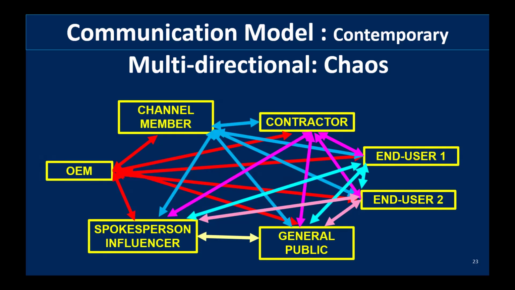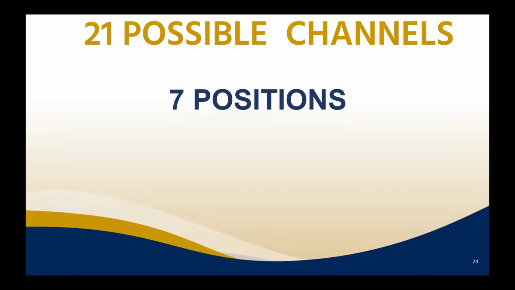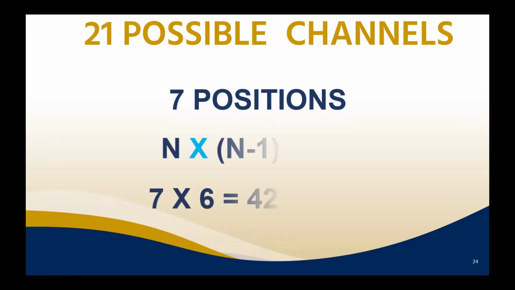We have 7 positions, and 7 positions open up 21 possible channels. Now, keep this in mind: I said channels, not messages. How do I come up with that particular number? It's a very simple formula.